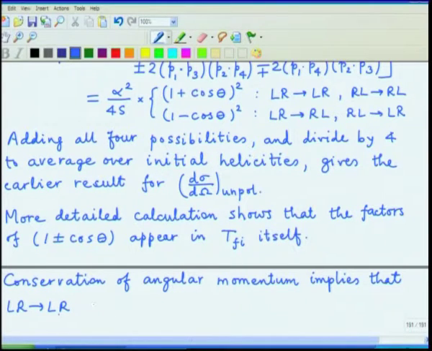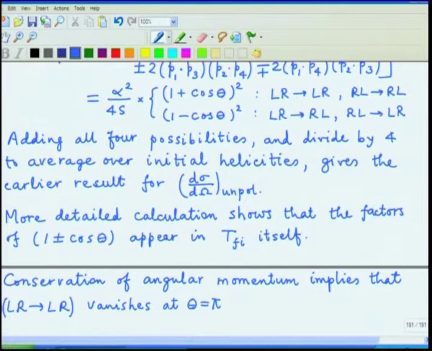But if we look at the situation for theta equal to pi, then the momentum direction is reversed, and since we are looking at helicities here, the angular momentum has to be taken into account, including the direction of momentum, and so this will vanish at theta equal to pi, because the angular momentum will not be conserved. It is conserved exactly at theta equal to 0 without any suppression factors.